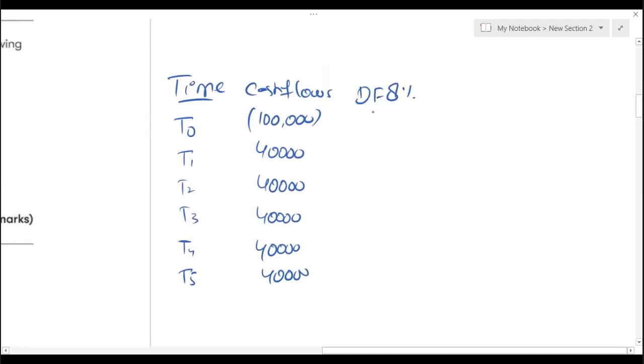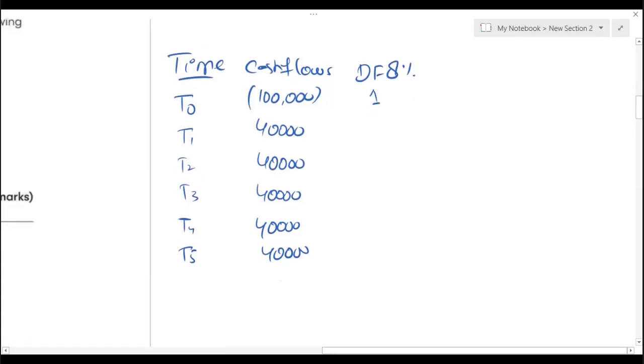Discount factor is 8%. Let's see what is the discount rate for the first year. It is 0.926, then 0.857, 0.794, 0.735, 0.680.